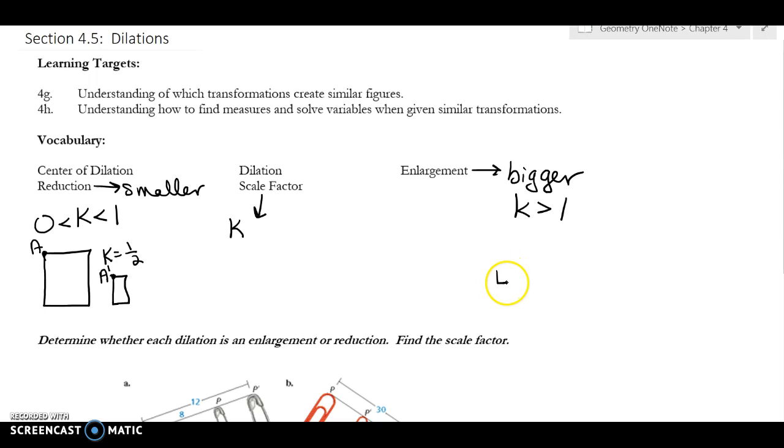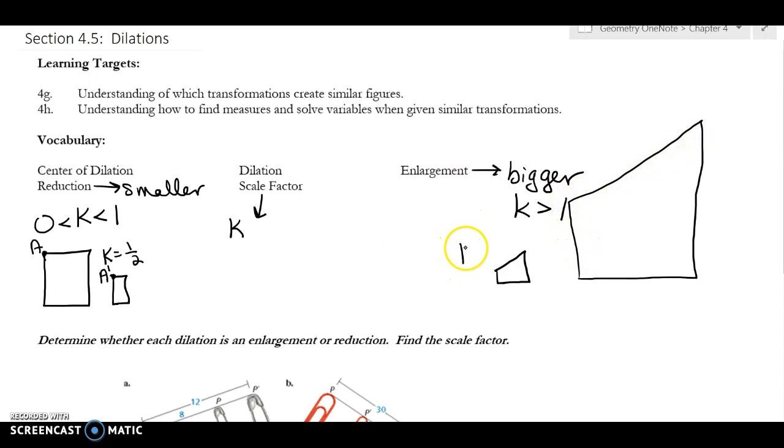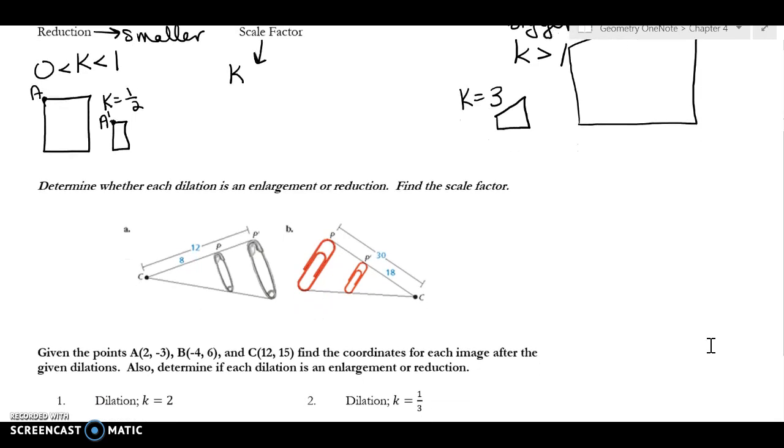Let's say for this one I have a quadrilateral, but I want to make it 3 times the size. So K is equal to 3. Okay, so that's what happens. Things are either going to get smaller or they're going to get larger, and you find out how much by looking at K, the scale factor.